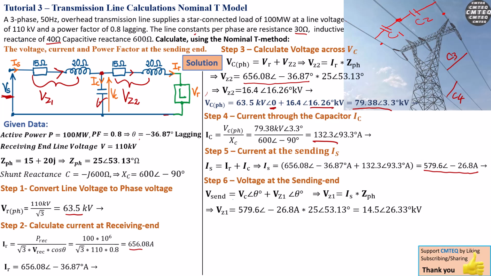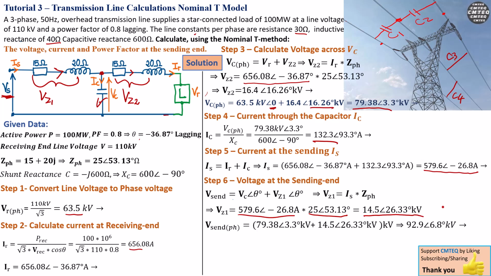We know it is exactly the same here. Okay, and the current Is, we just found it there. Then we find Vz1 to be equal to 14.5 with an angle of 26.33 degrees kilovolt. And from here we can go ahead and calculate our Vsend by simply adding Vz1 plus the Vc that we found here, 79.38.